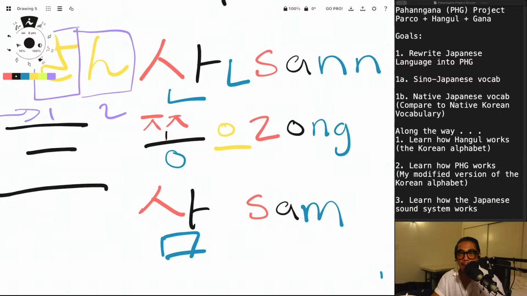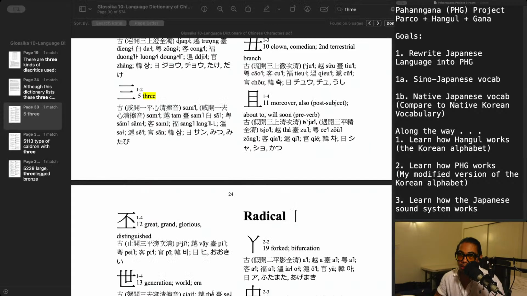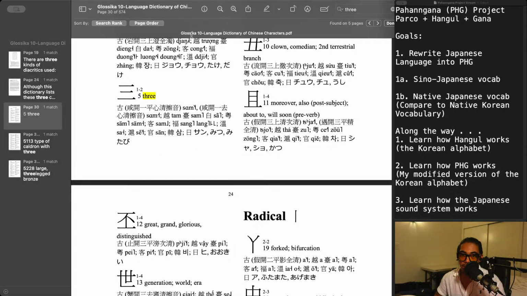So, this one I'm not 100% sure of, but based on what I am seeing in this dictionary, where we have an initial S, a vowel A, and a final N, G. I think this is the hint to me.